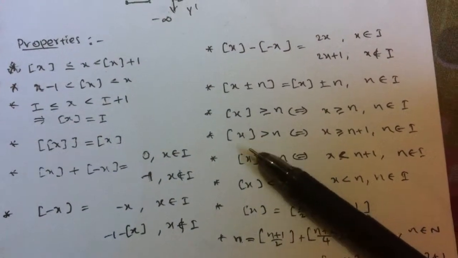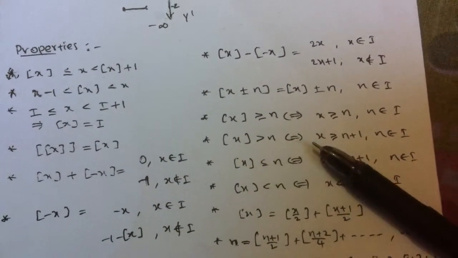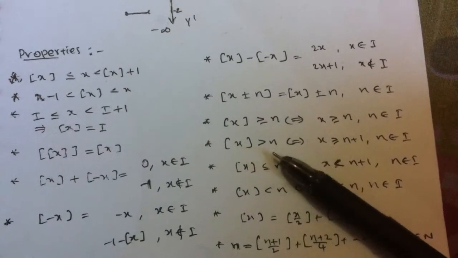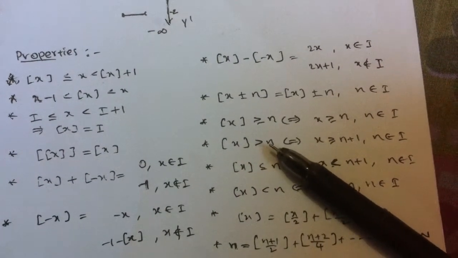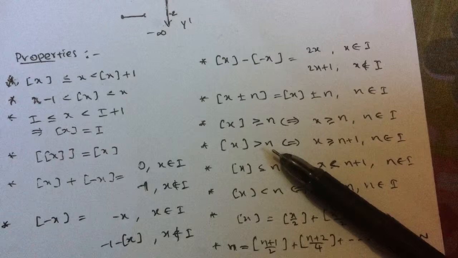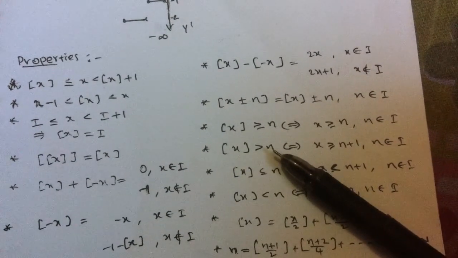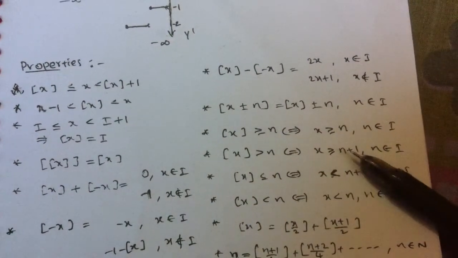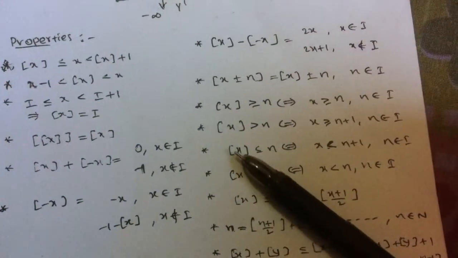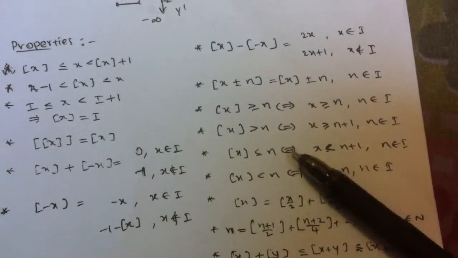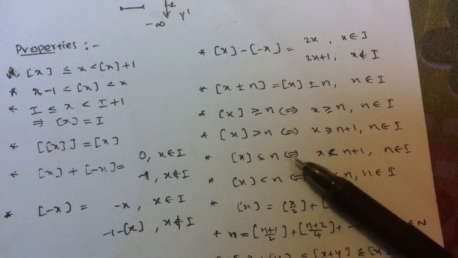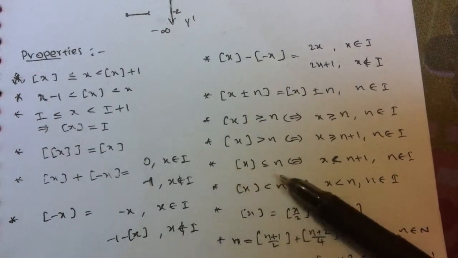Now look at this property, step x greater than n. If and only if step x is greater than n, suppose the n value is 2, step x value more than n, that means x greater than or equal to, we already discussed this. Next, look at this property, step x less than or equal to n.